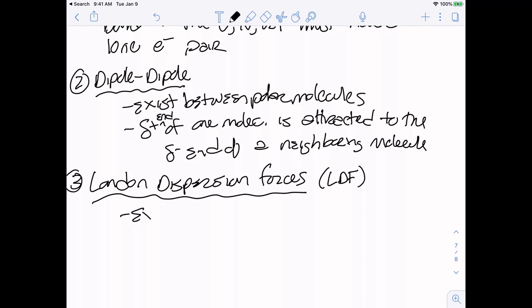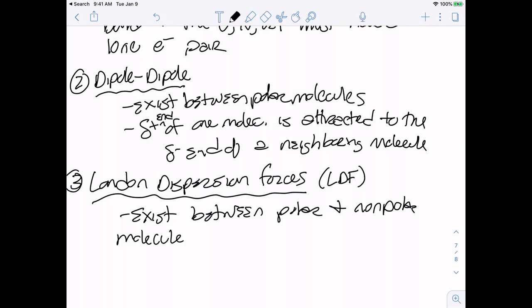So these exist between polar and non-polar molecules. This was the one where I said, I won't give you something that doesn't have electrons. So even if you have no idea what the answer is, always write down London dispersion forces and you're going to get some credit.